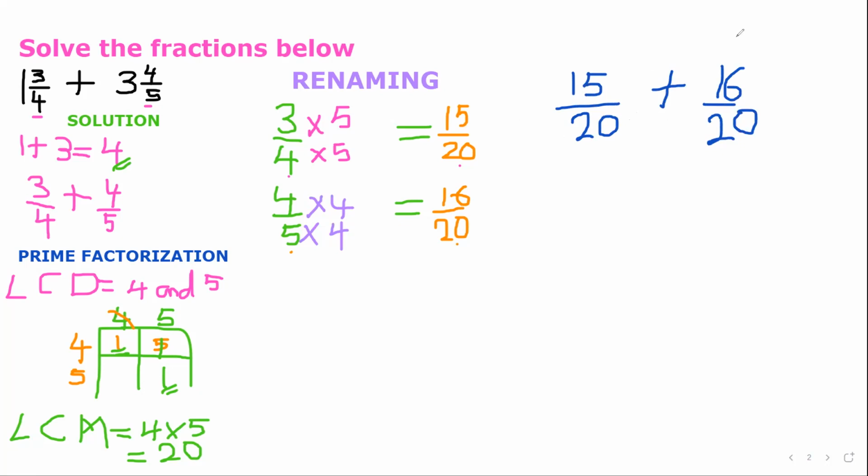Good. And since the denominators are the same, then we add the numerators and choose one of the denominators. So we choose one of the denominators here, and then we add only the numerators, which is 15 here, plus 16.